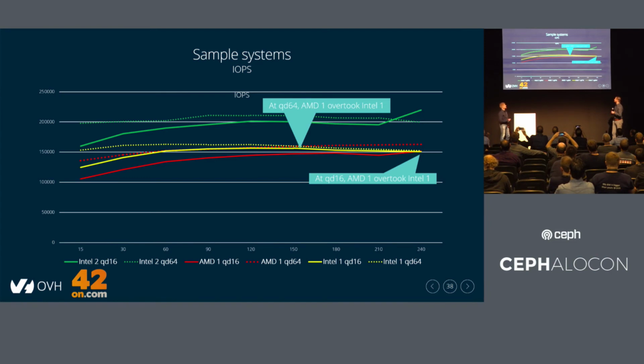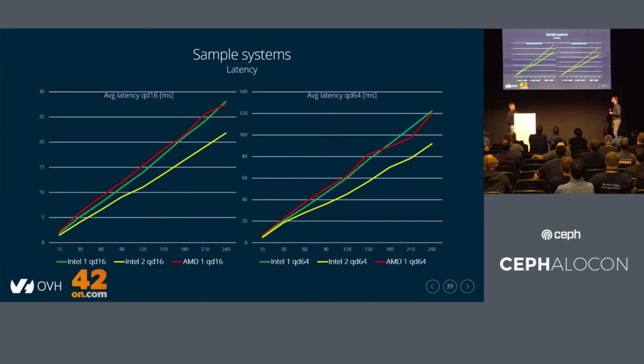But if you look at the graphs, you can see that at QDEF 16, at 240 clients, the AMD system was capable of overtaking the Intel system in terms of performance. Why is it happening? It is happening because the AMD system had some extra cores to spare for processing operations. So if you are looking to handle a lot of clients, you need many cores. If you need to handle clients fast, you need fast cores. This is very important.